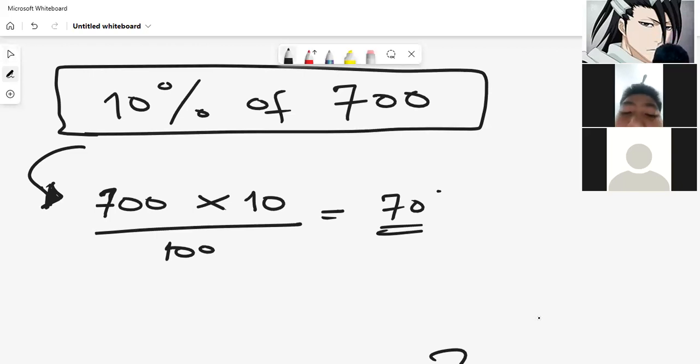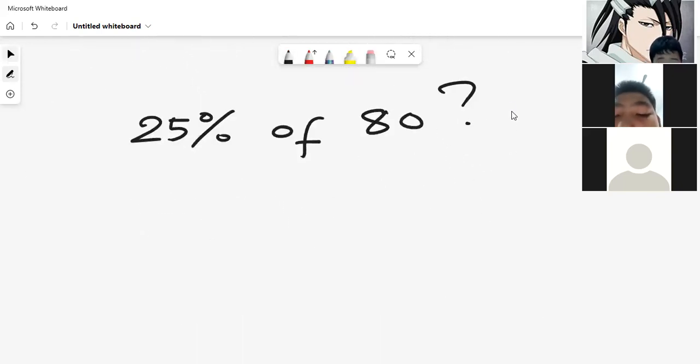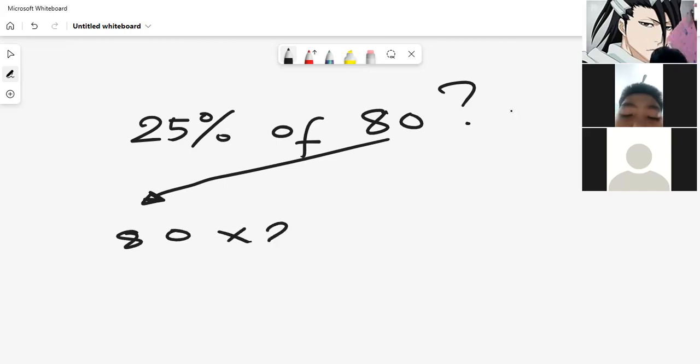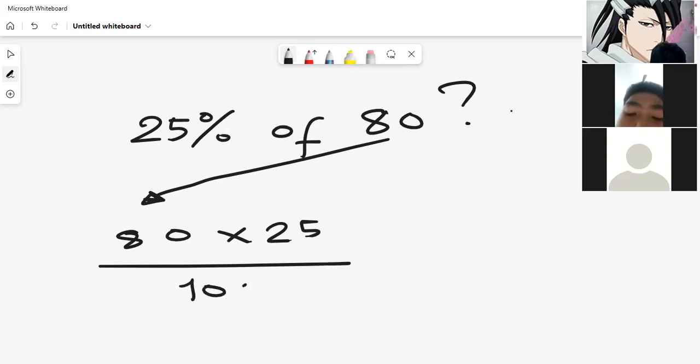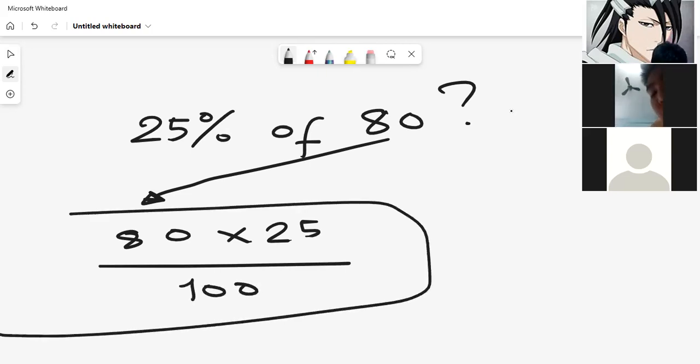Number going there, multiplied by percent, divided by 100. Meaning the first is 80. 80 times 25 divided by 100. There is no problem in multiplication.